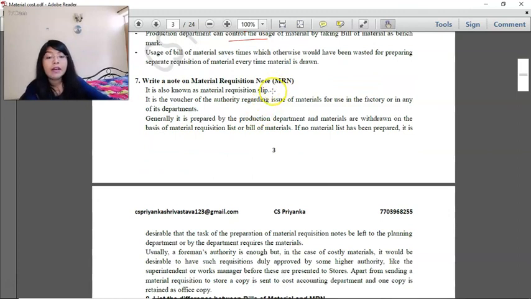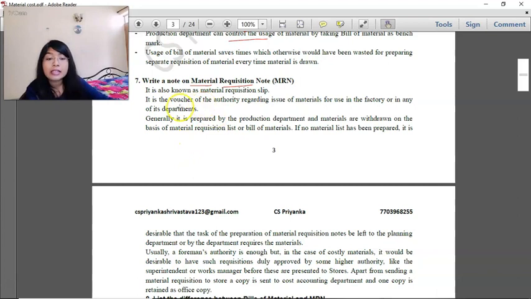Next term we have is material requisition note. Now if I break this word, we have material, we have requisition, that is requesting the material. It is a note or a kind of a statement or a paper with the help of which you are requesting the store department to issue the material to the production department.